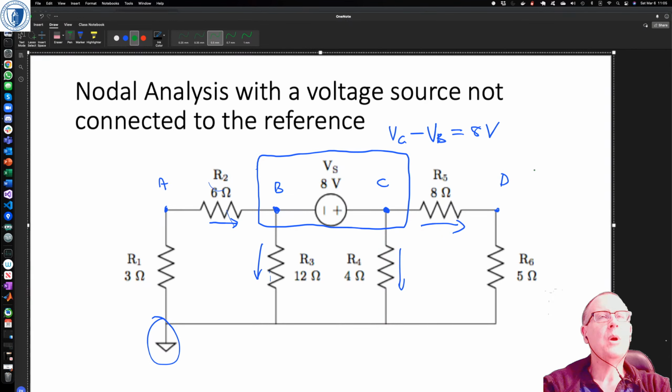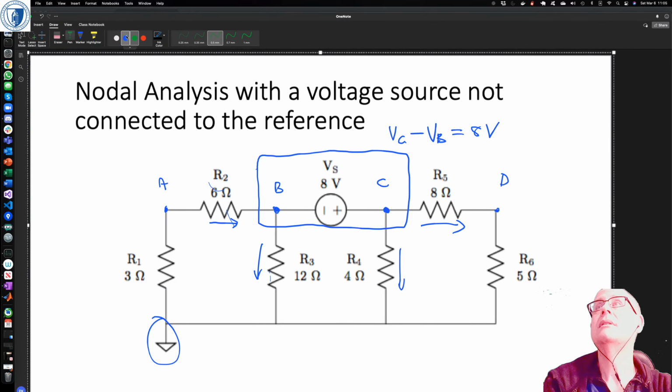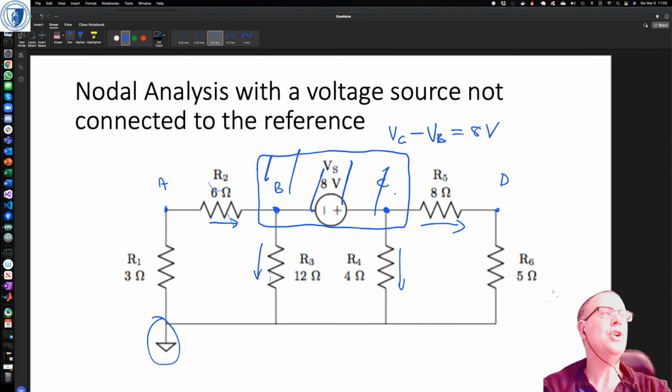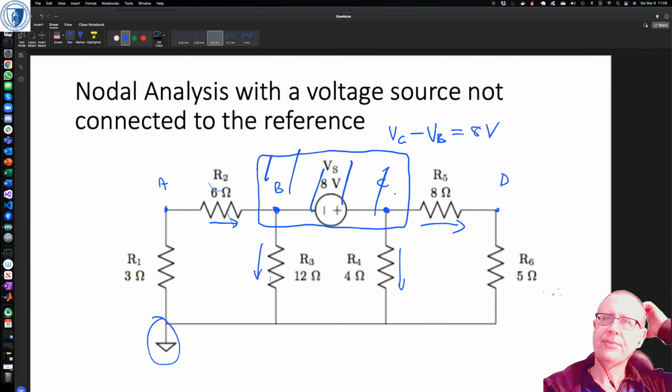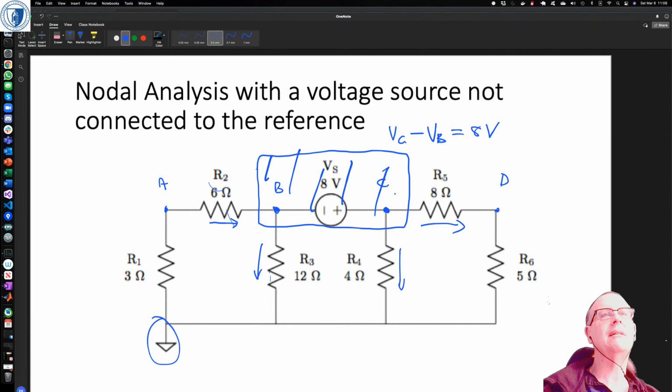And then when we consider KCL, we effectively make everything in this box into a huge node, a super node. And we just think about the currents flowing into that super node.